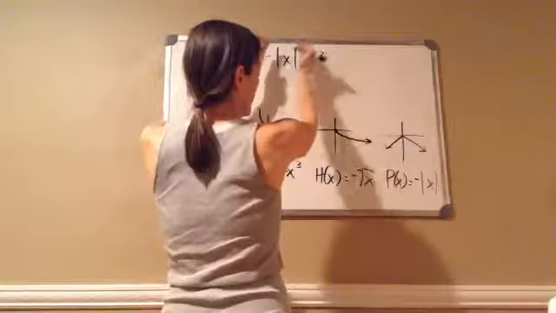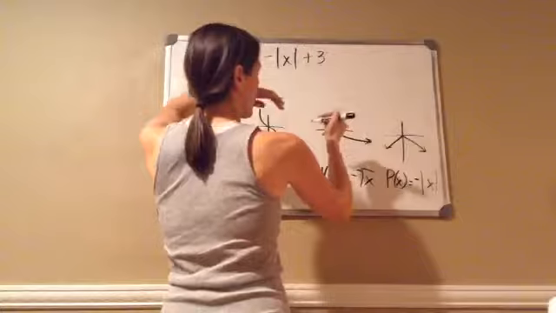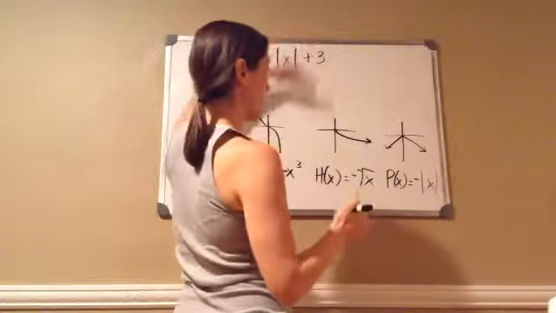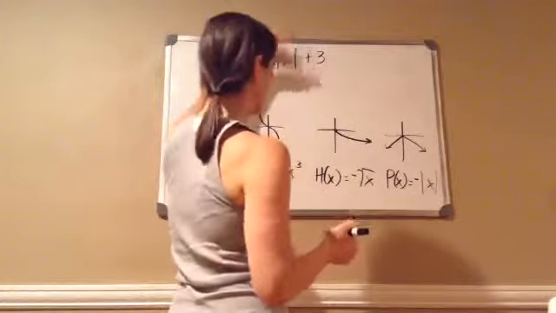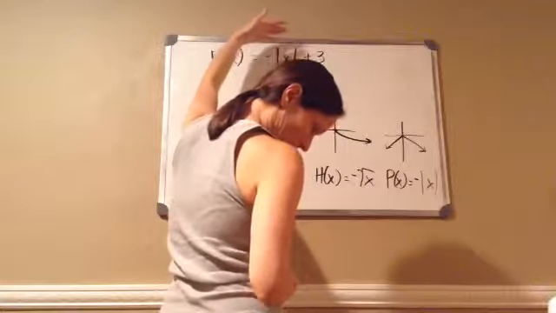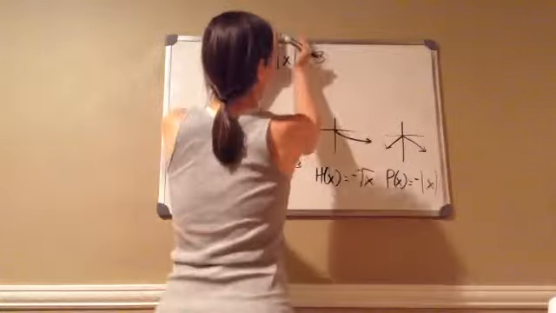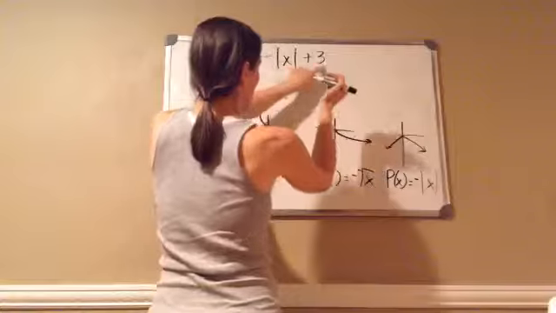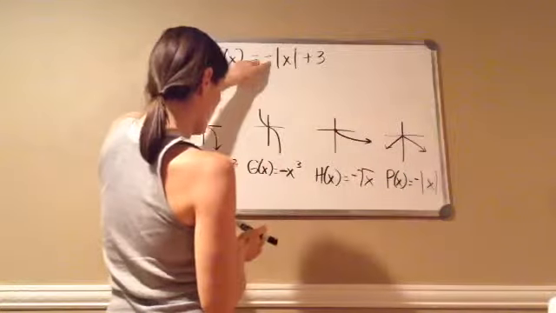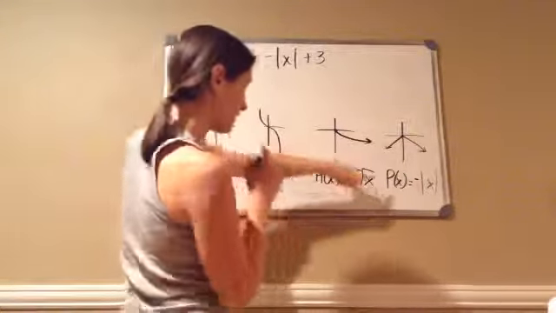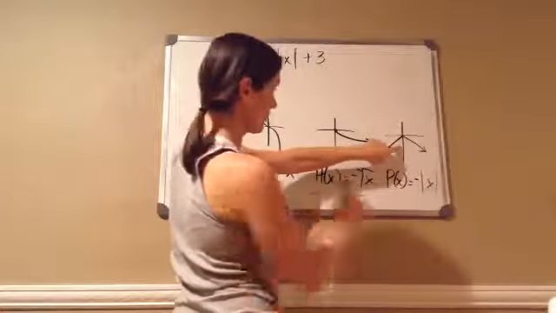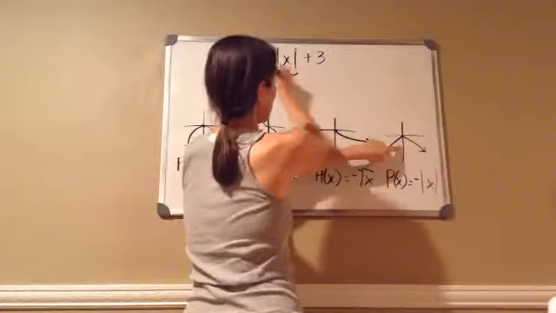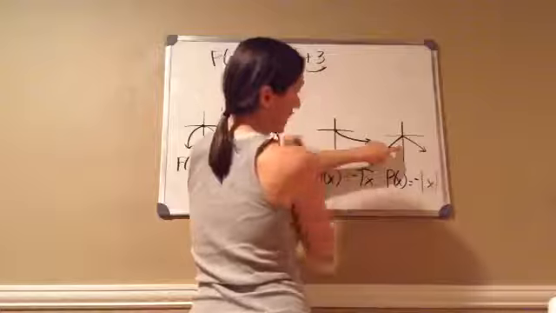Now it's not within the inclusion, so then we're actually going to move up or down, okay? So these are vertical shifts because it's not within the inclusion, okay? So this is plus 3. So this negative x, here it is right here, negative x, but then we've got this plus 3.